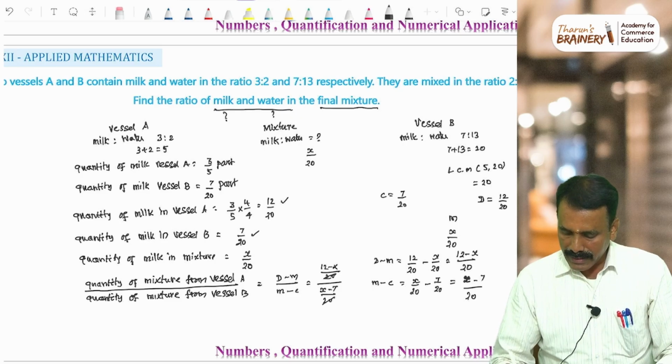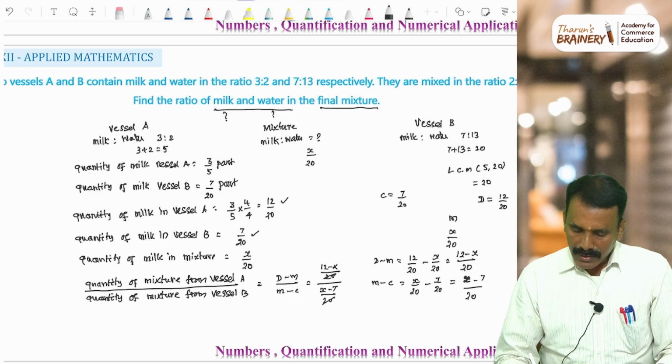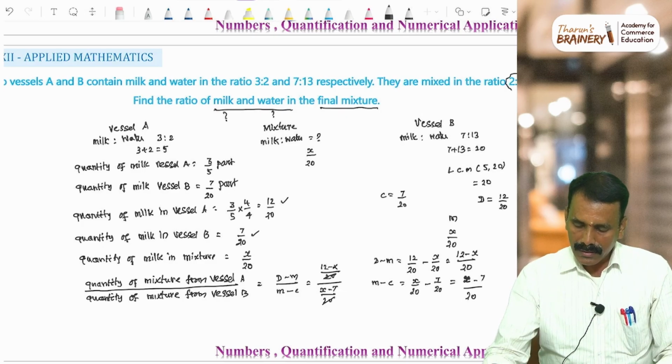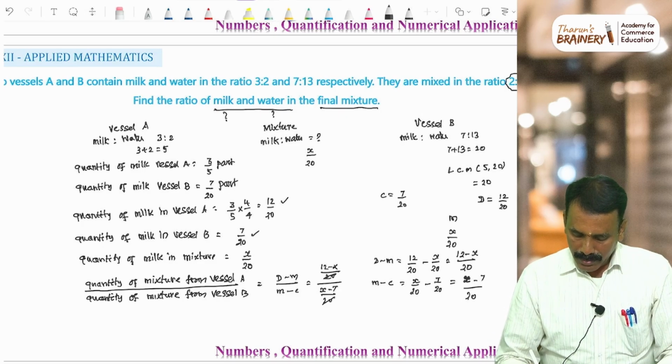This 20 we can cancel it off. And the ratio is given to us already. It is given 2 by 3, 2 is to 3. So 2 by 3 is equal to 12 minus x divided by x minus 7.